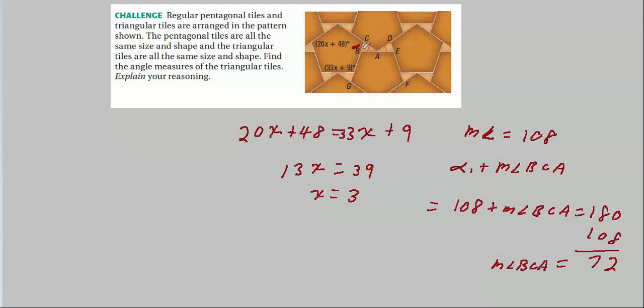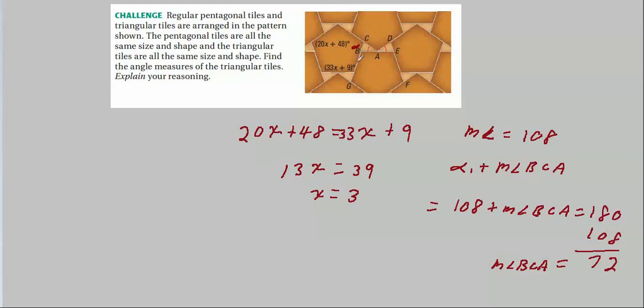What about this angle here? Well, I think we can apply the linearity property again, because this angle here and this angle, these two right here, form a linear pair. And this is 108.